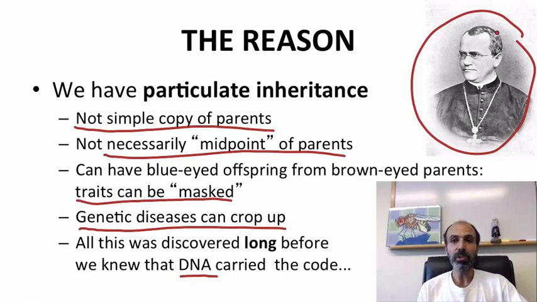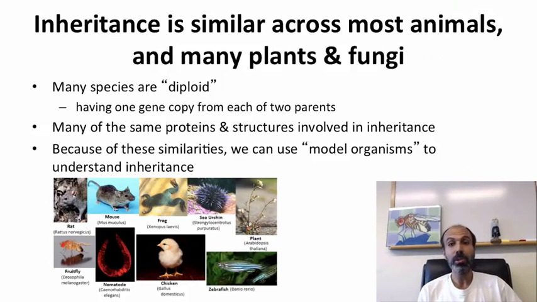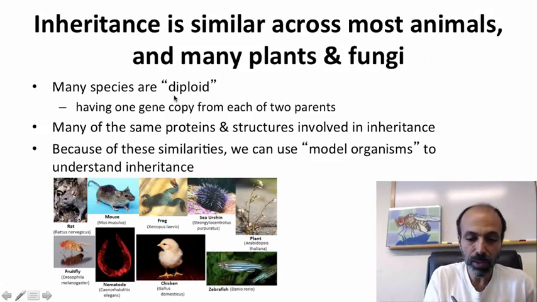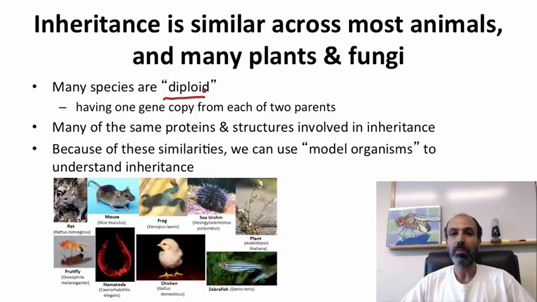Now, I do want to stress one point, that inheritance is actually similar across most animals and many plants and even fungi. Many species are diploid. This is a very important word for you to know. Diploid means that you have two copies of the entire genetic code in your body. You have one gene copy that came from one parent, and another gene copy that came from the other parent.